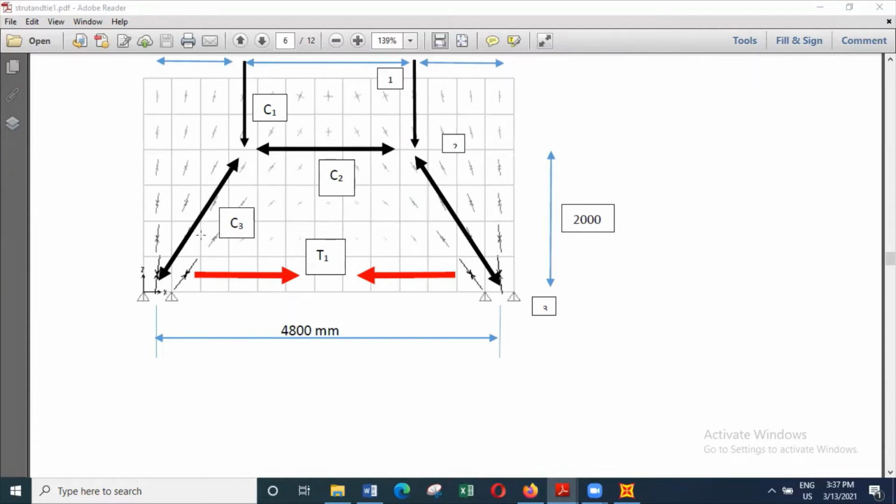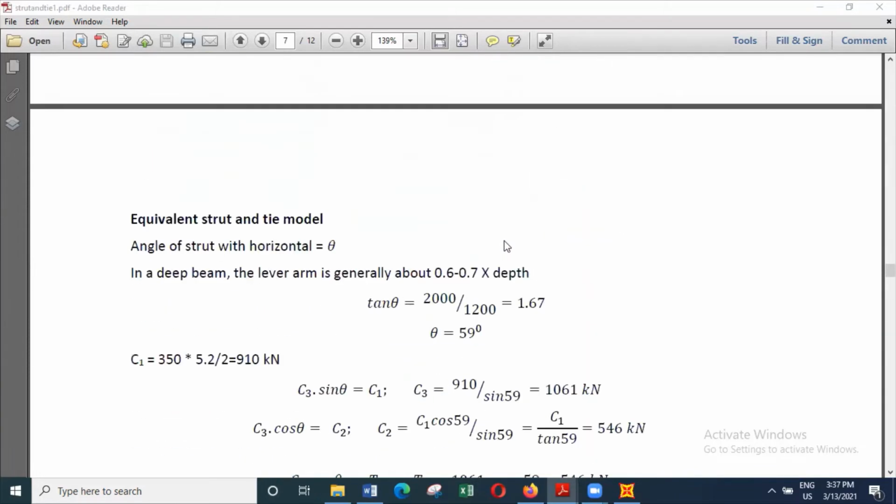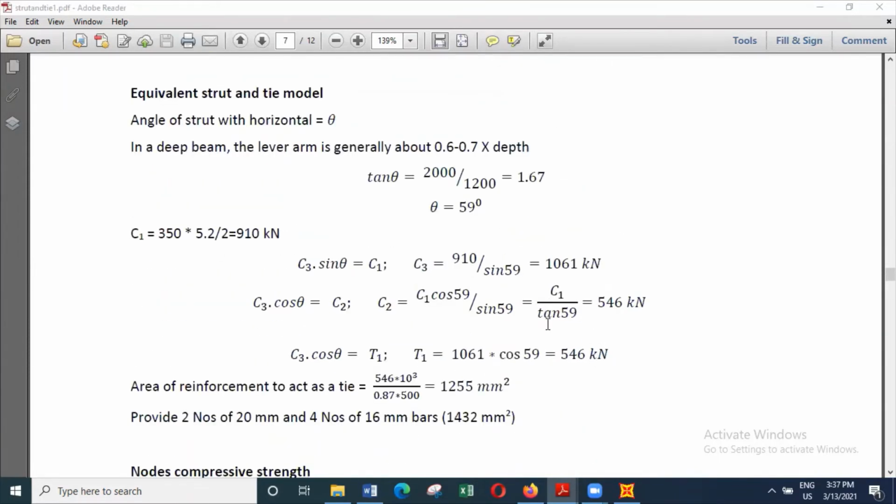So that is equal to C3 cos 59, or C1 over tan 59. So all these give the same answer, 546 kilonewtons. So the tensile force that we have to resist is 546 kilonewtons.